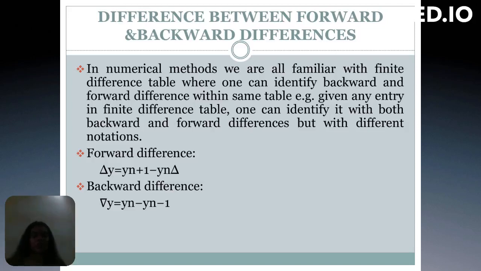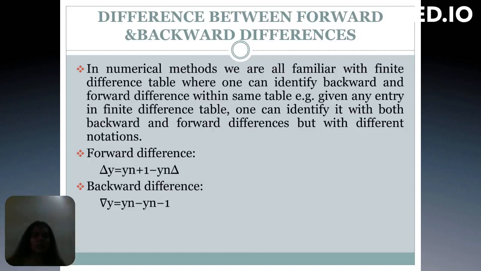So, what is the difference between the forward and backward differences? In numerical methods we are very familiar with the finite difference table, where we can identify both the backward and forward differences in the same table.